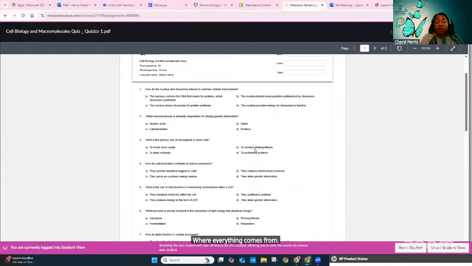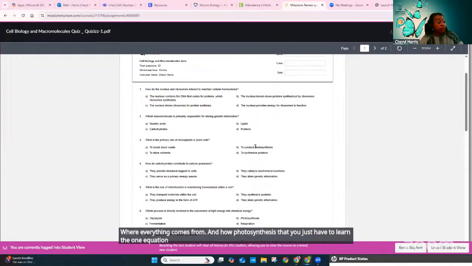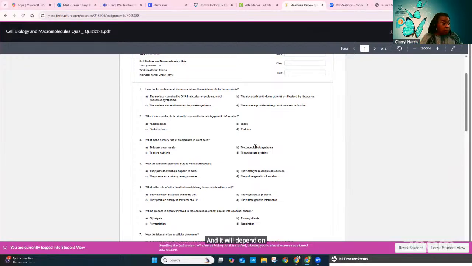You just have to learn the one equation, but know which way is forward and which one is backward, because they ask that too. They can give you a picture of the equation and ask you, is this photosynthesis or respiration? And it will depend on what is the product and what is the reactant. Okay, so we'll talk about that tomorrow.